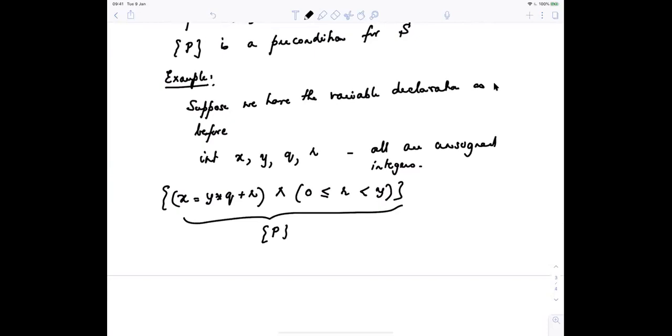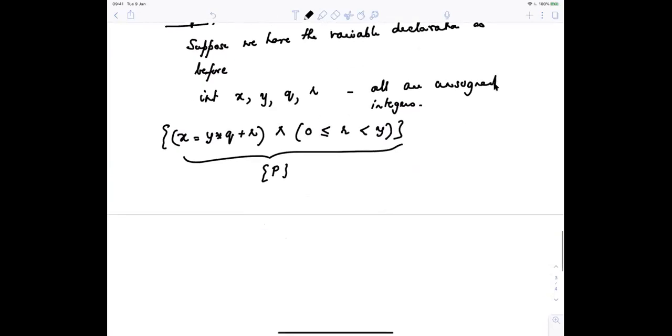Now, suppose we use the rules of arithmetic. Then I can say x is equal to y star q plus 1 plus r minus y, still 0 less than or equal to r, r less than y.